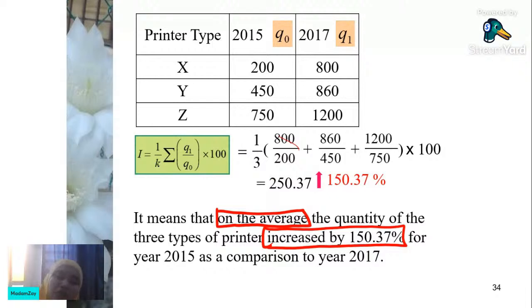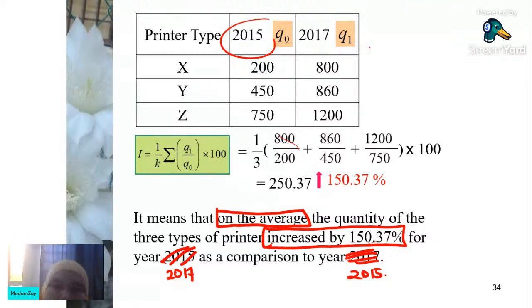For year 2015, sorry, this is wrong. Our Q0 is 2015. Sorry, so we need to change it: Q1 is 2017, so our current is 2017.